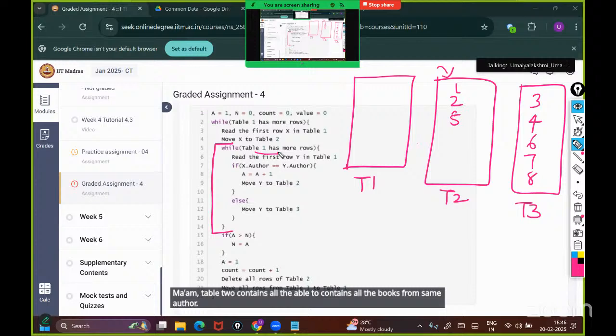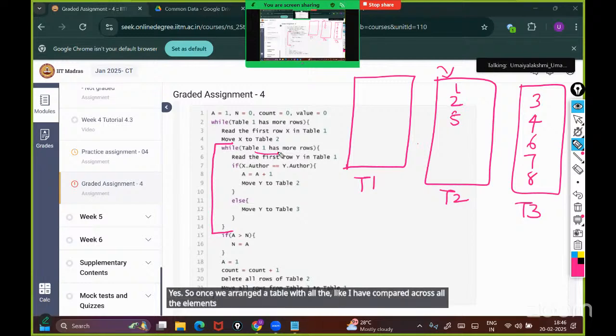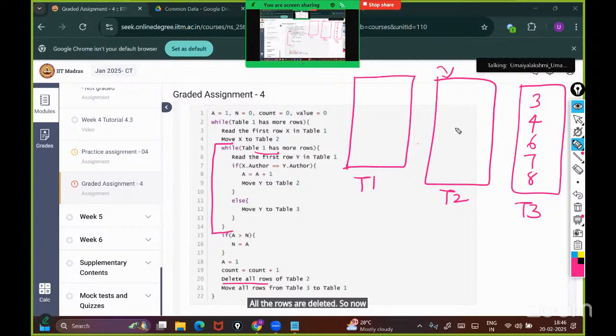Once I have compared across all the elements and got the table with only the matched author, then table 2 gets deleted. All the rows are deleted. So now 1 to 5 are deleted, then 3, 4, 6, 7, 8 are moved to table 1.